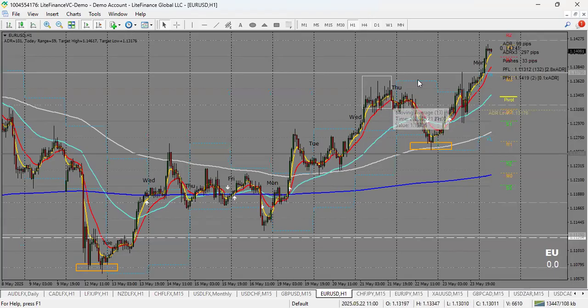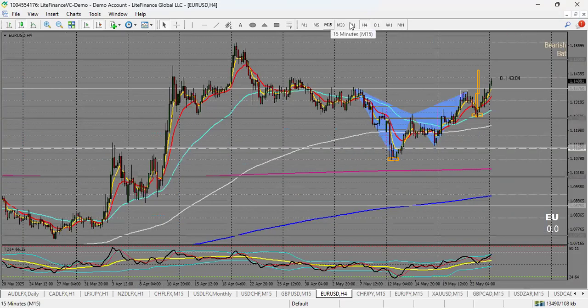So on Wednesday, Thursday, and then we had this retracement here coming to form a peak reset around this point, and then continue going up. Okay, so our ADR is around 99. We are on a bullish market maker cycle. Okay, so we are still going up on Euro USD.